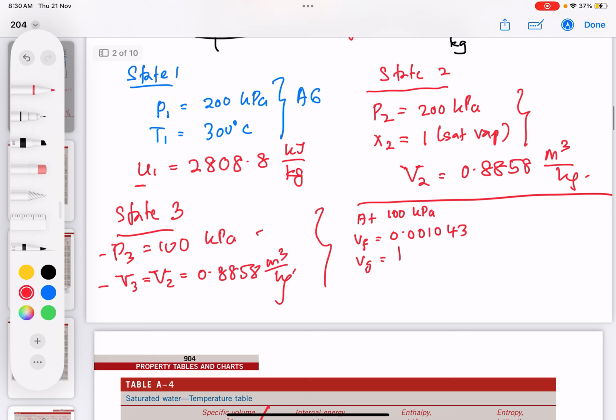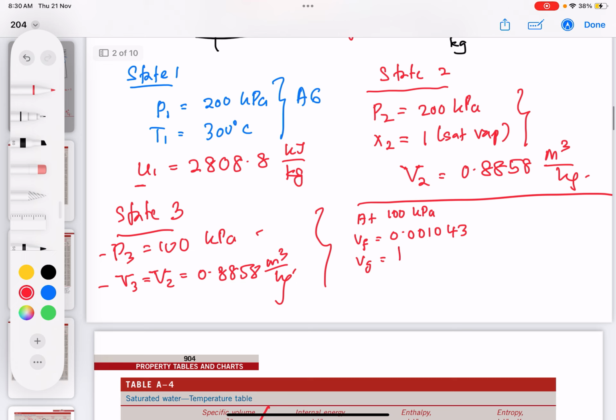If you notice, this value of 0.8858 is in between these two values, therefore what I have to do here is find the value of the steam quality, meaning X.